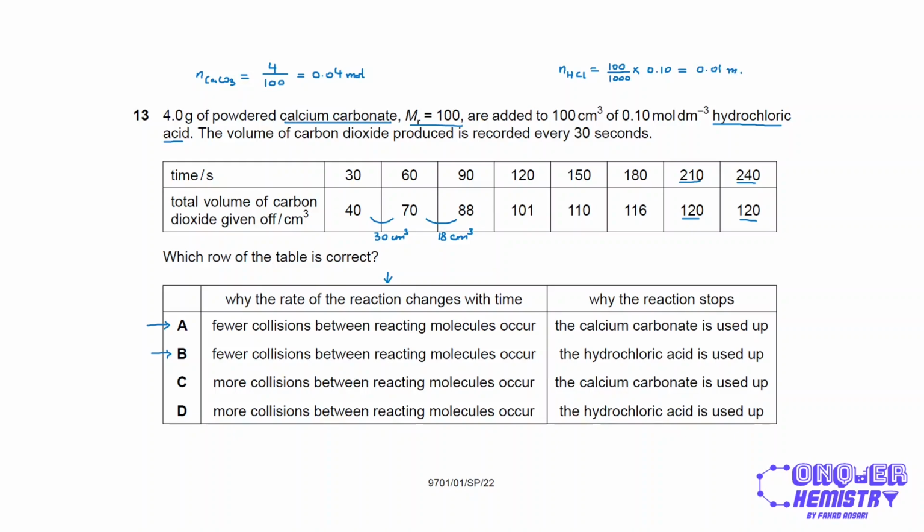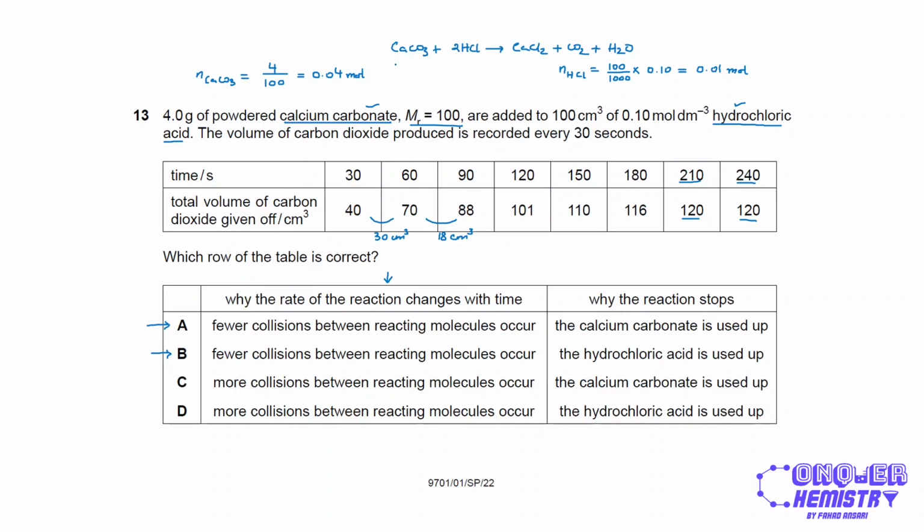So this then becomes 0.01 moles. Now, if I write down the equation between the calcium carbonate and hydrochloric acid, this becomes CaCO3 plus 2HCl. This is going to give us CaCl2 and CO2 and H2O, right? An acid and a carbonate will react to give you carbon dioxide, water, and a salt. Right.